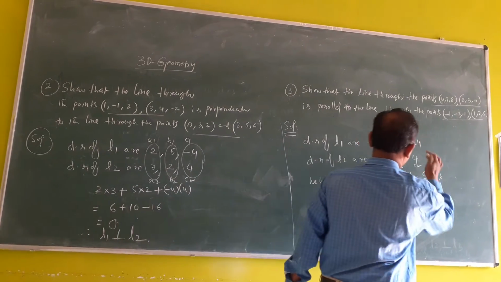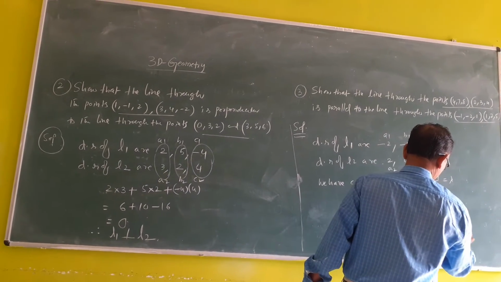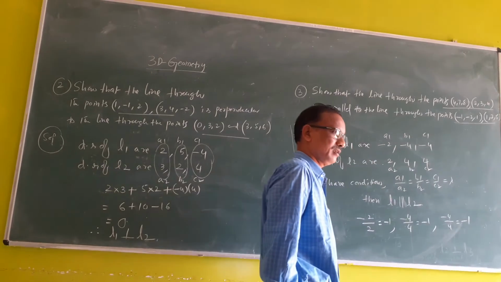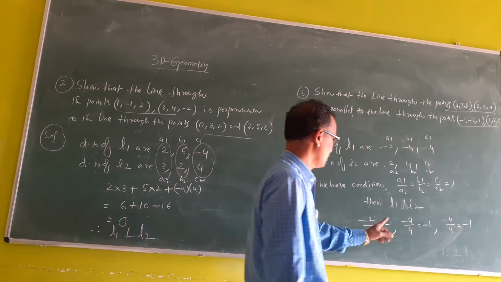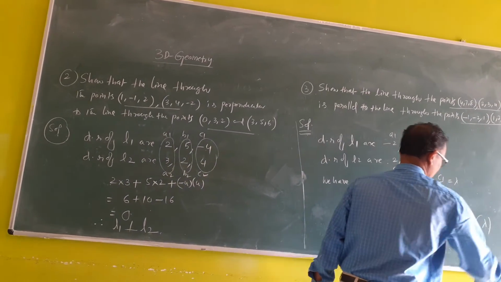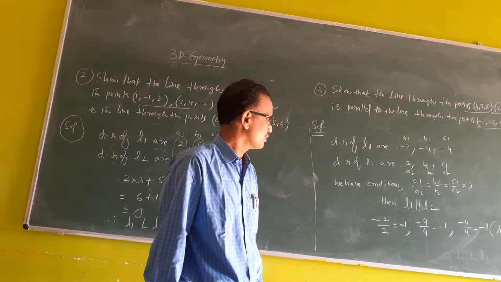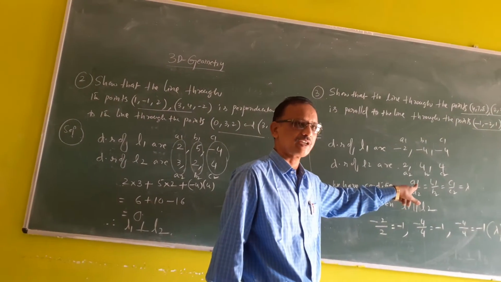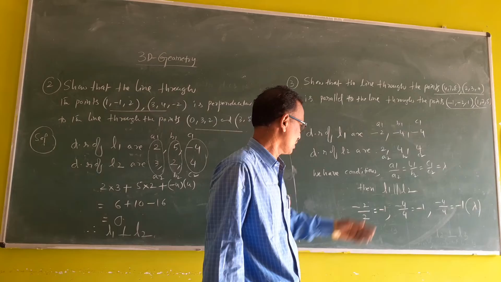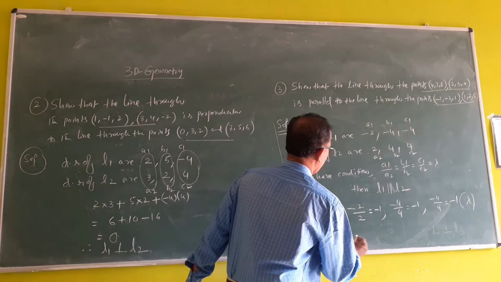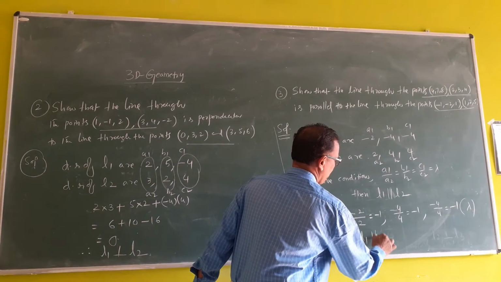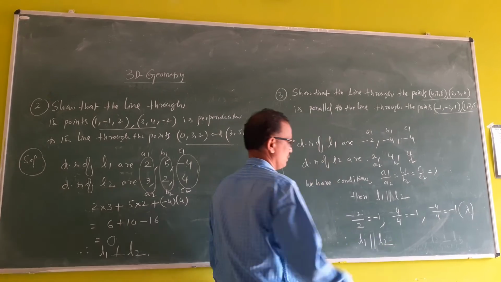This is the lambda value, so the condition is satisfied. Therefore line L1 is parallel to L2.